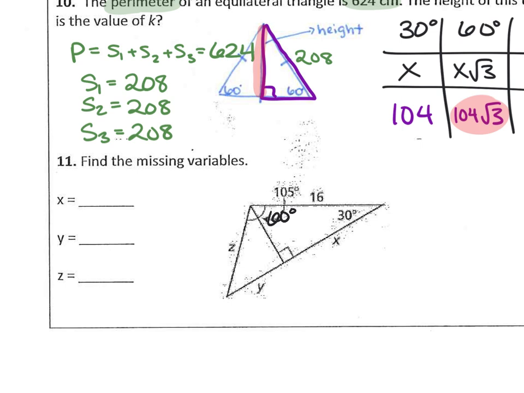So if the whole thing is 105, this little bit is 60. What does that mean this little bit is? 45. 105 minus 60 is 45 degrees. Which then for me indicates that this triangle that's on the bottom-ish of the image is a 45, 45, 90 triangle. Whoa, we're mixing them together now.